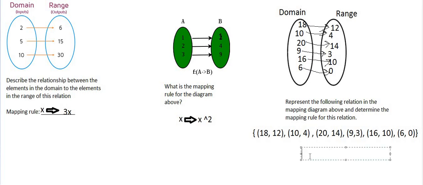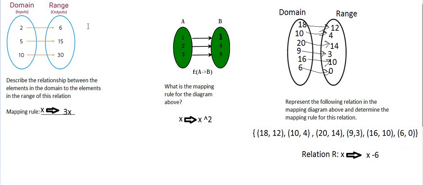So we can say that our relation R is x maps onto x minus 6, because we subtracted 6 from the x values.